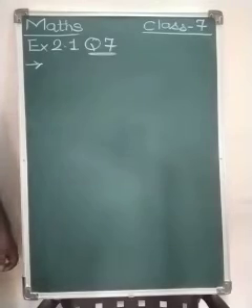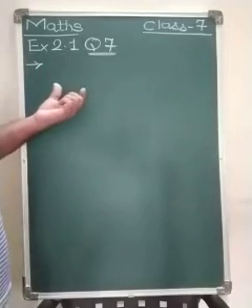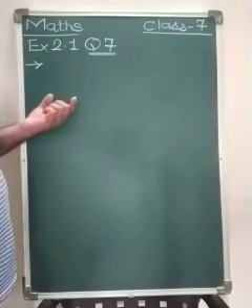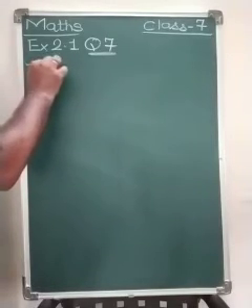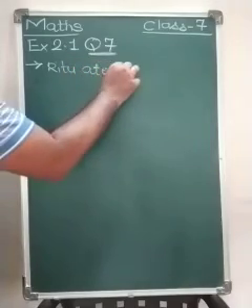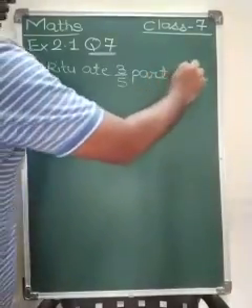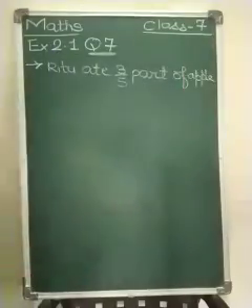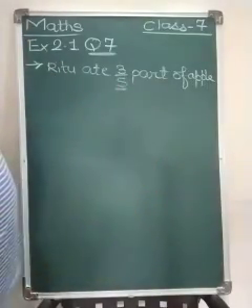Ritu ate 3 upon 5 part of an apple. The denominator 5 shows us what is the total part of the apple.